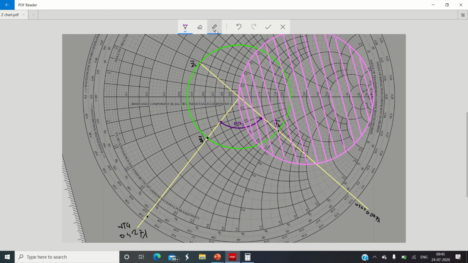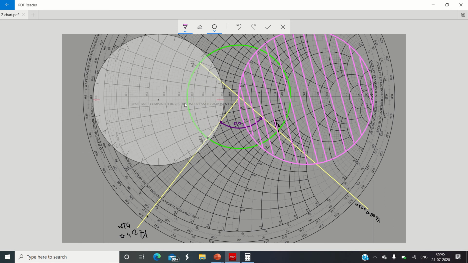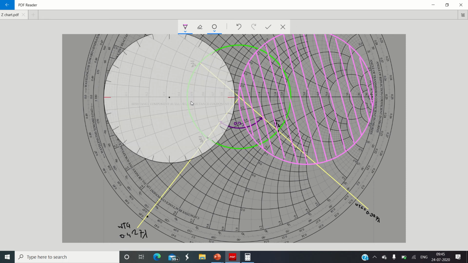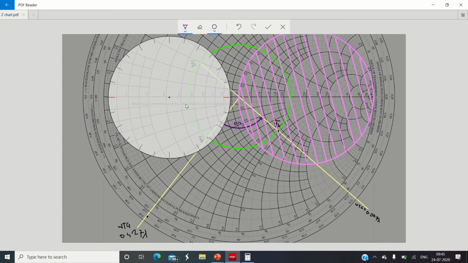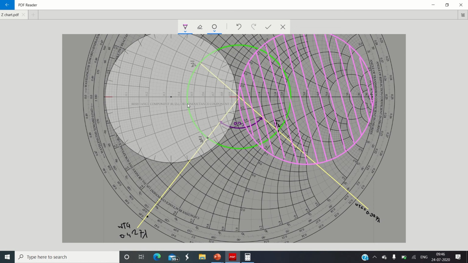Again, take your compass and put the metallic part somewhere on the real axis. You need to adjust the radius or the distance in your compass such that it will touch the center of the Smith chart over here and on the left-hand side over here.